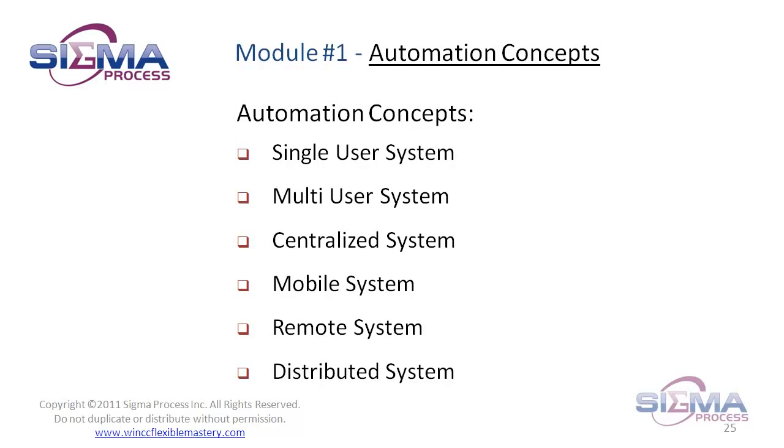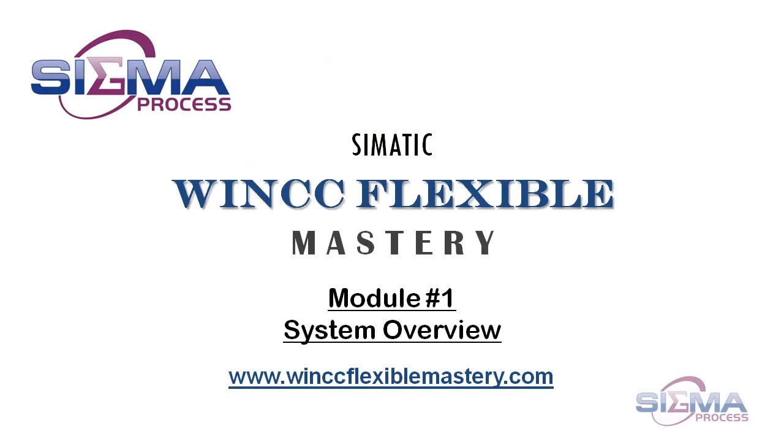You configure only one of those device panels talking to the PLC, and the rest of the device panels will look at that one device panel, and it's going to reduce the programming for you. All those device panels can be connected to each other on Ethernet, which is actually reducing the wiring for you. That was an overview for Module 1 from Wincc Flexible Mastery online course.